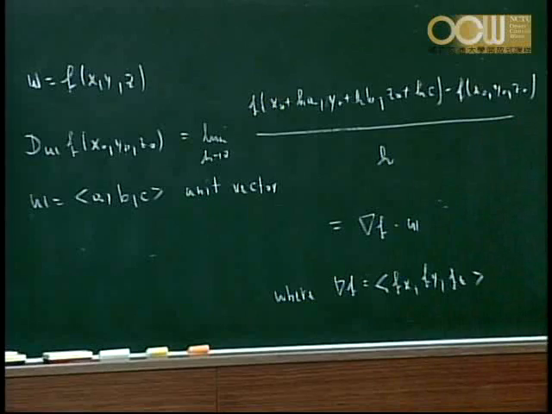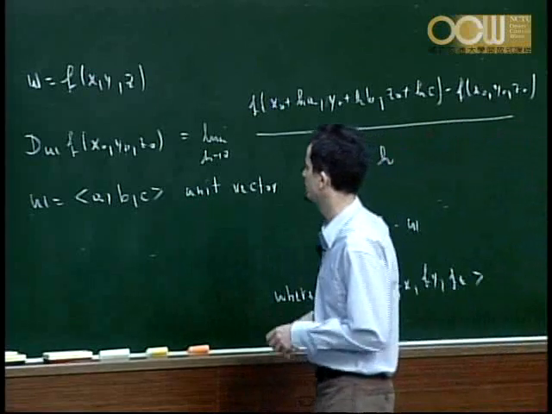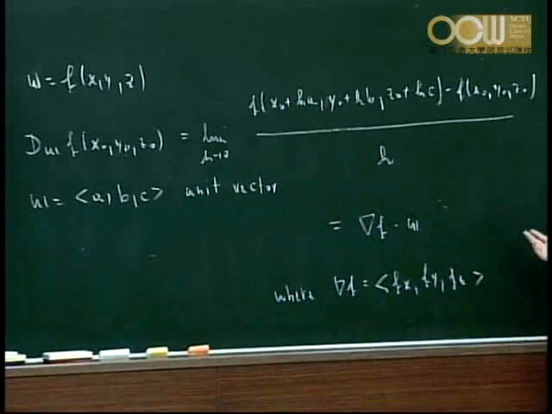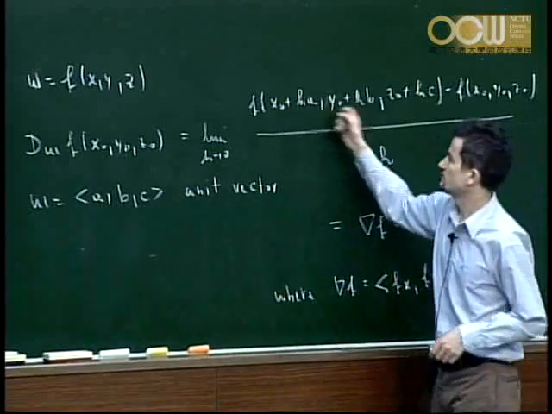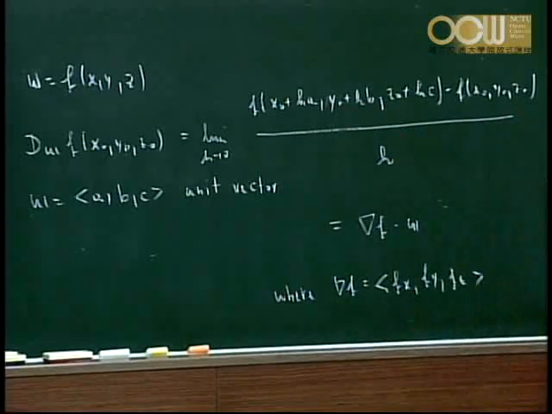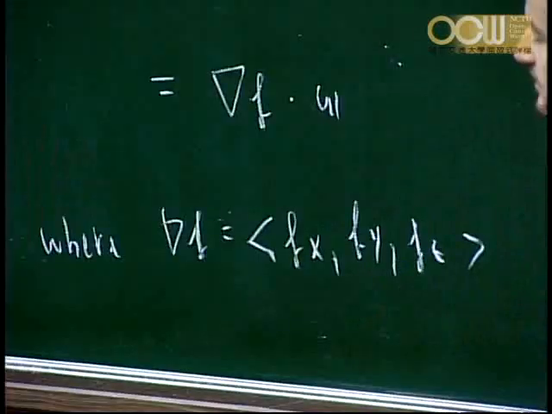Okay, and similar for higher dimensions. If you have dimension 4, 5, and so on, you have a similar definition, but then it's maybe better to write this in vector notation and not write out all the coordinates.